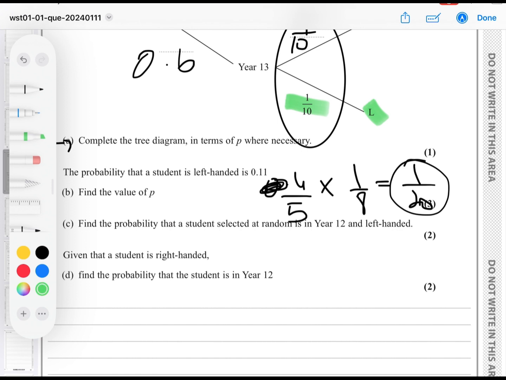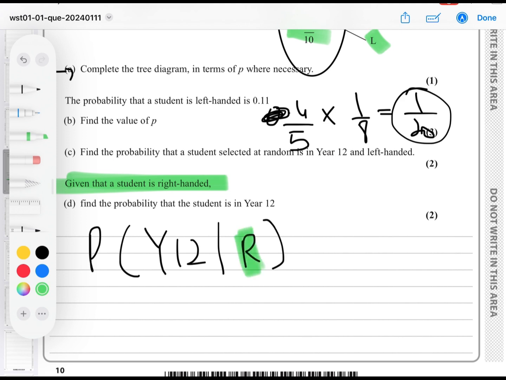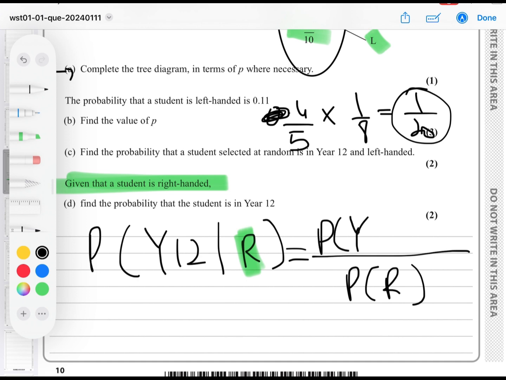One thing, they gave you this thing, that the student is right-handed. So according to conditional probability, what we will do: this is year 12, and the right-handed is given here. In conditional probability, the probability which is given, we write it in the denominator, and the intersection part, we write in the numerator.